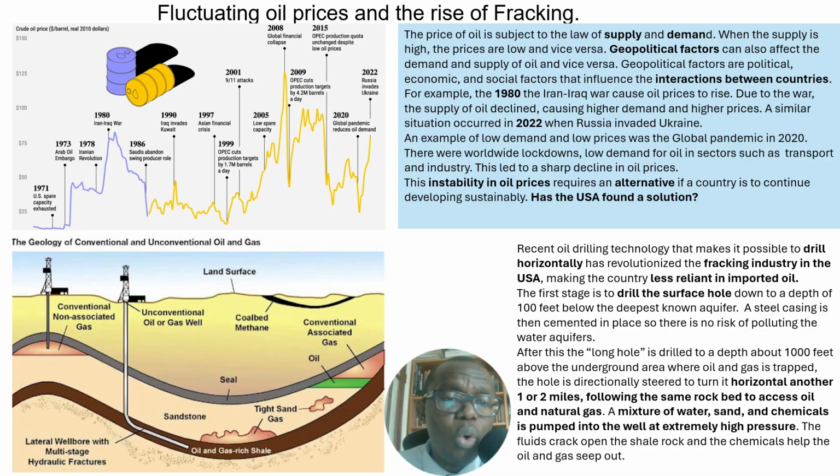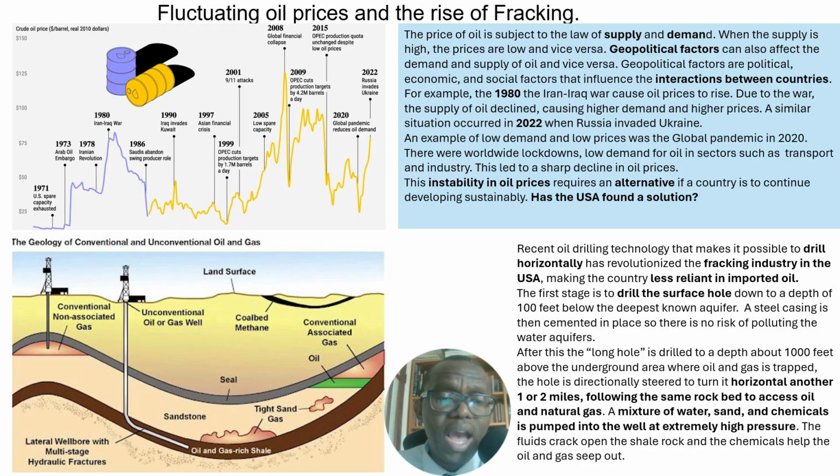And in this kind of situation, if your country is to develop, you have to seek alternative sources of energy so that you can continue to develop sustainably without interruptions. Because when the price of oil is very high, then there may be interruptions to your development.